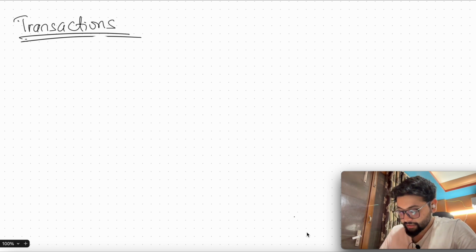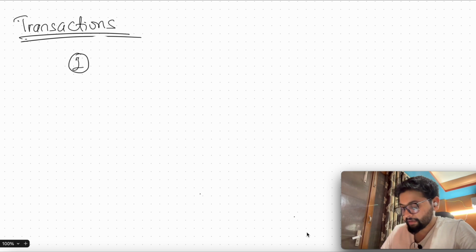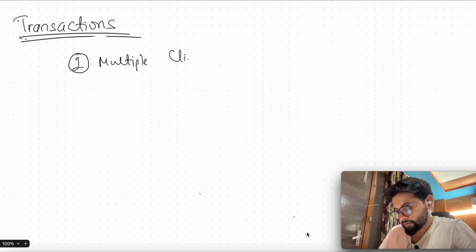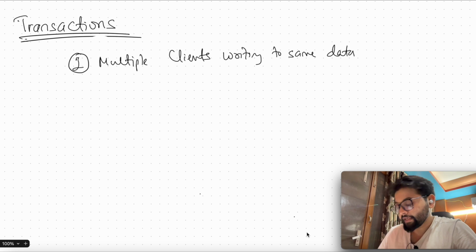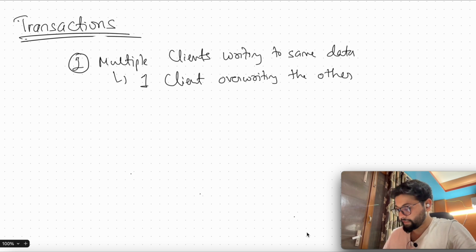One classic thing which a transaction can avoid is when multiple clients are writing to the same data. It avoids one client overwriting the other.